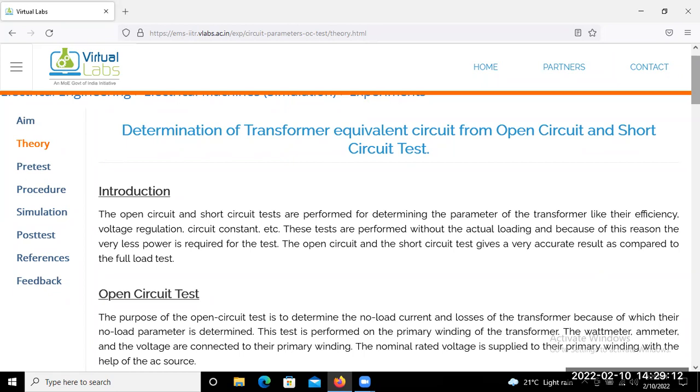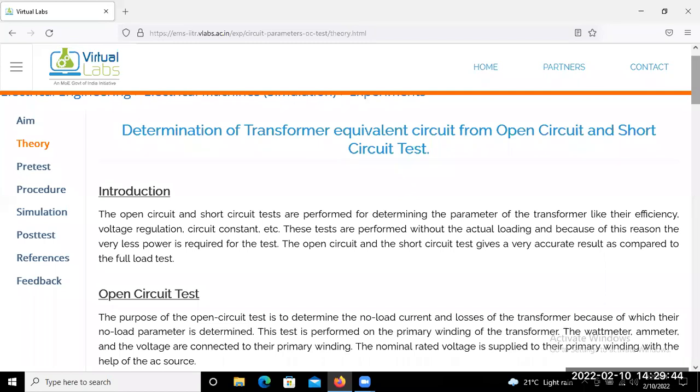You may consider that the wattmeter reading during this open circuit test, whatever power is indicated by the wattmeter, we can consider as the core loss, because the core loss is directly proportional to the square of the voltage. We derived this equation in the theory class also, so we are not going to that point right now.